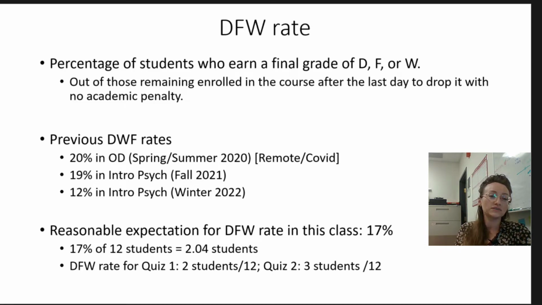Previous DFW rates for my courses have ranged from 12 to 20% under different circumstances, so let's just average those and say a reasonable expectation for the DFW rate in this class is 17%, and that would work out to 2 students. The DFW rates for the quizzes so far were 2 students on quiz 1 and 3 students on quiz 2. I would say that those outcomes are statistically expected.